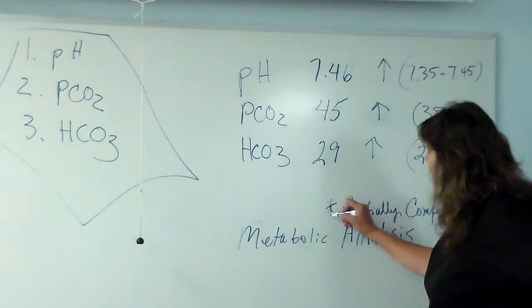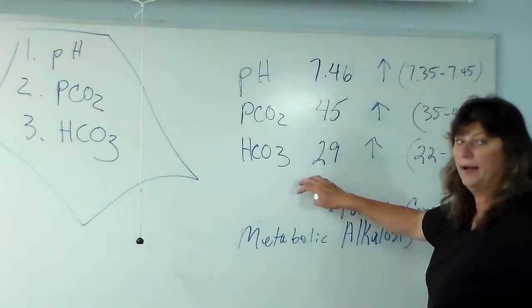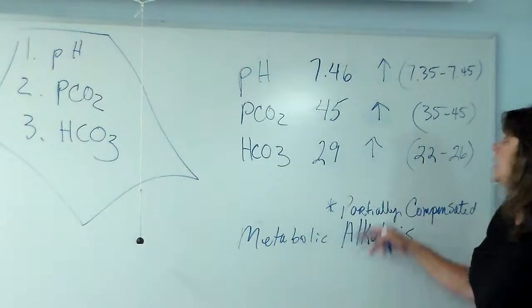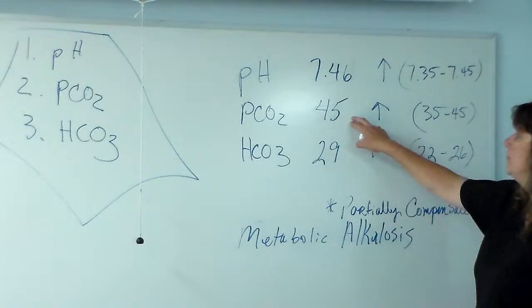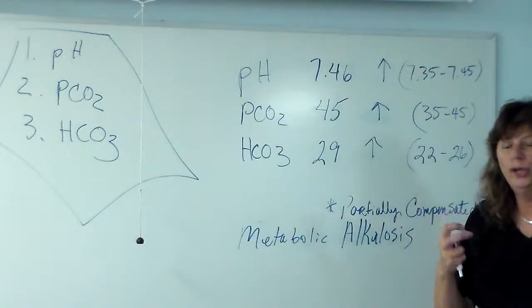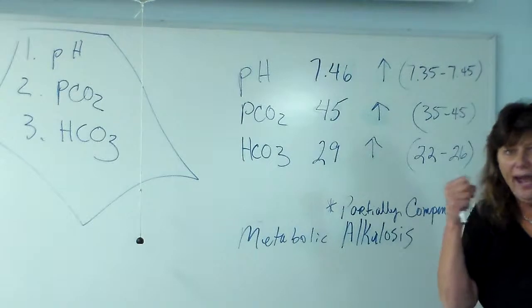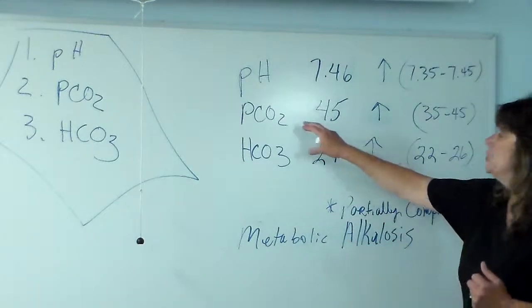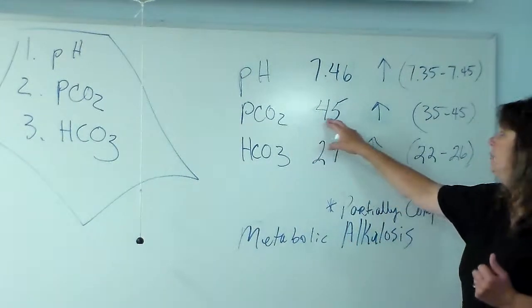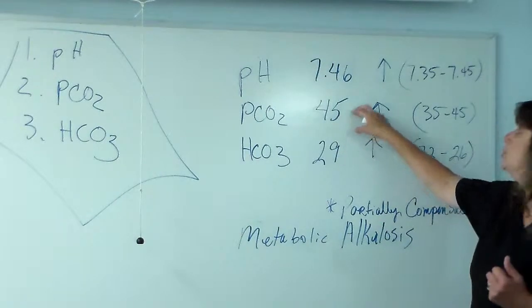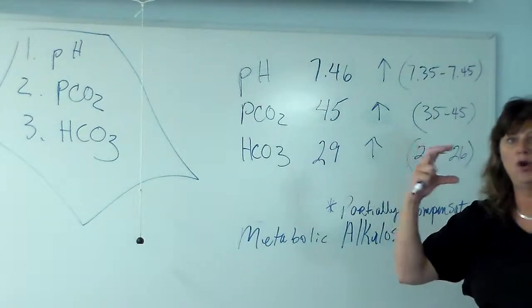The lungs are beginning to compensate for this metabolic alkalosis. What they're doing is holding hydrogen. We're alkalotic. We got to have acid here. CO2 is an acid. It begins to rise to bring this back to normal.